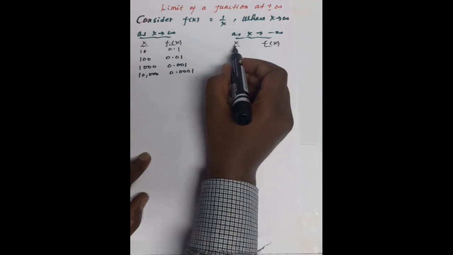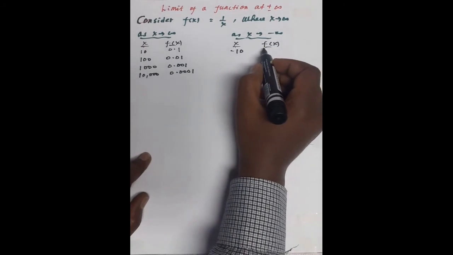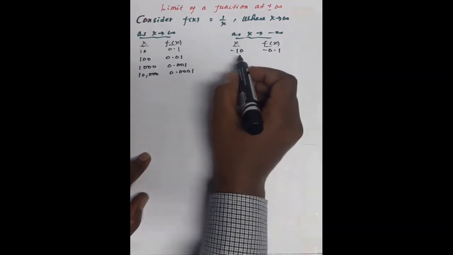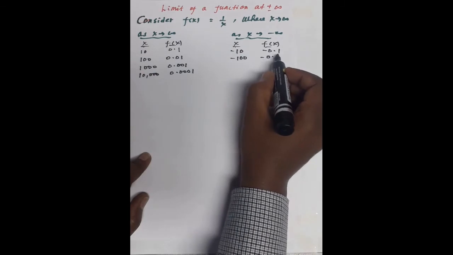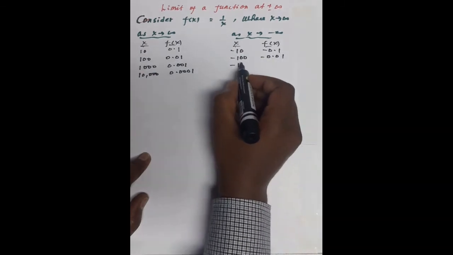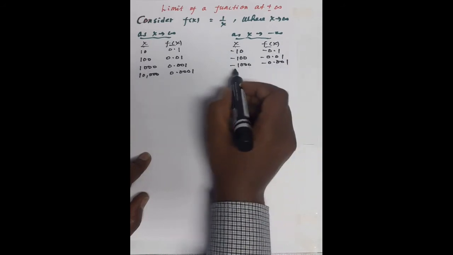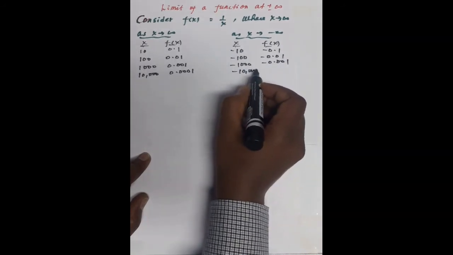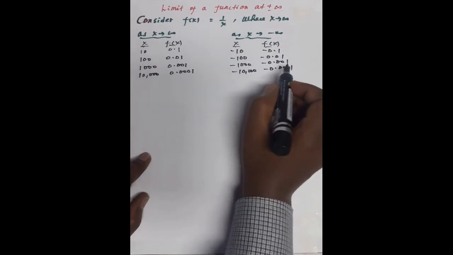When x becomes minus 10, f of x will be minus 0.1. Minus 100, minus 0.01, minus 1000, minus 0.001, minus 10,000, minus 0.0001.